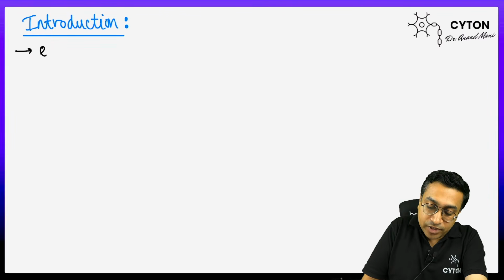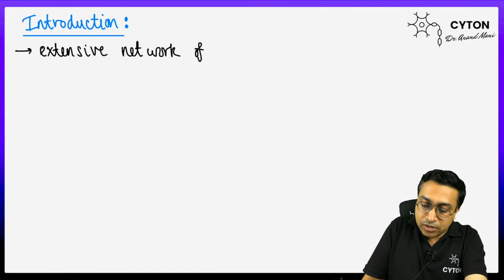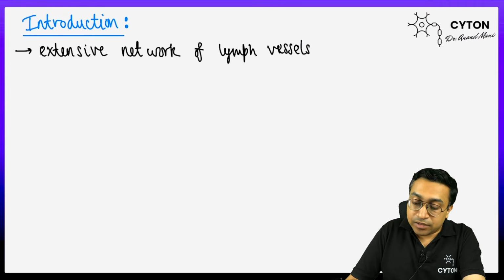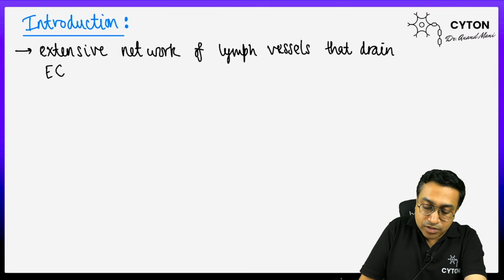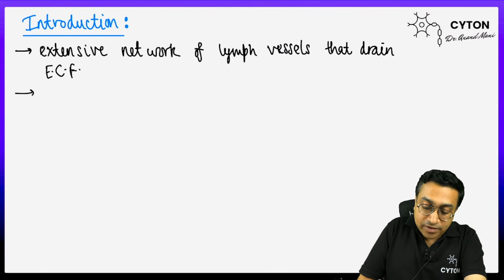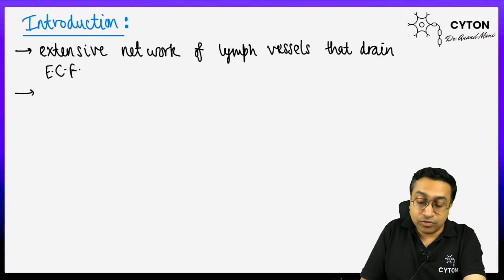Very important to understand, it's an extensive network of lymph vessels which drain the extracellular fluid. I hope you have understood this in the physiology part. And it also acts as an accessory system to the venous system.